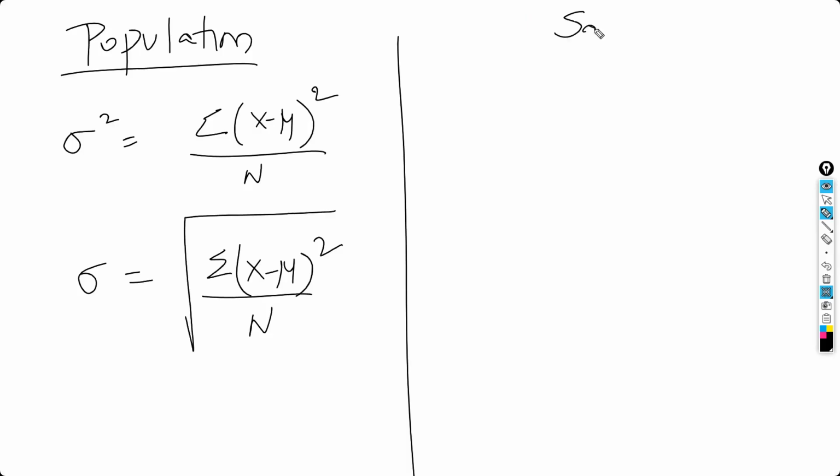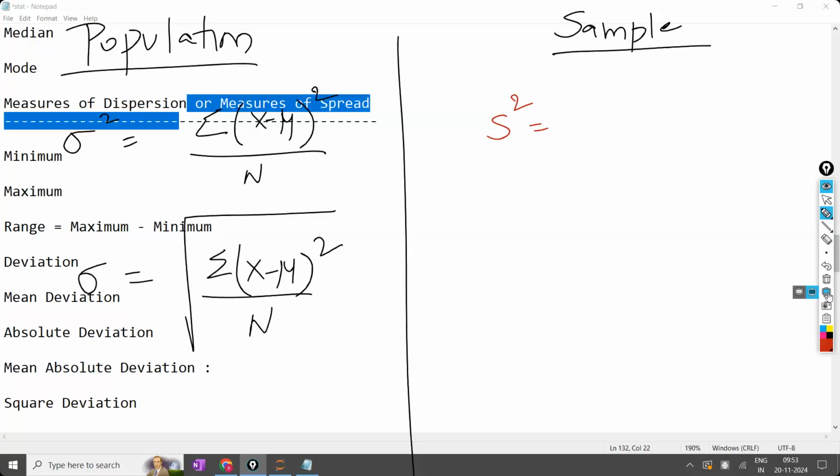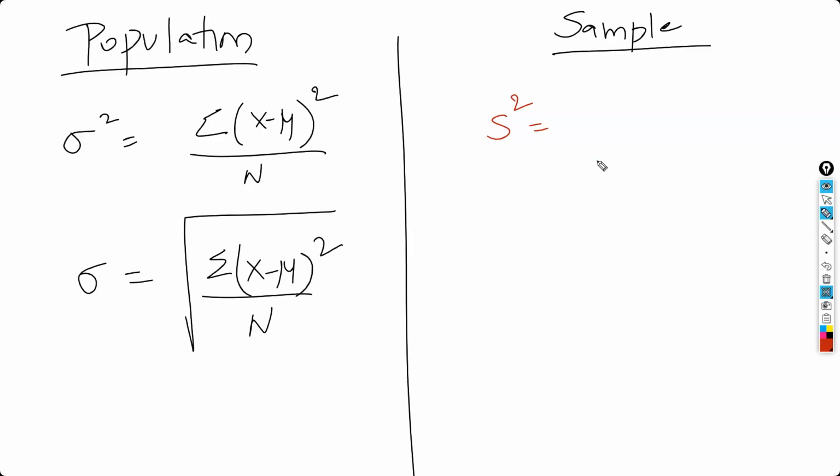Now come to the sample data. Sample variance is given by s square, English letters, not the Greek letters, which is sigma of x minus x bar, whole square, divided by small n.